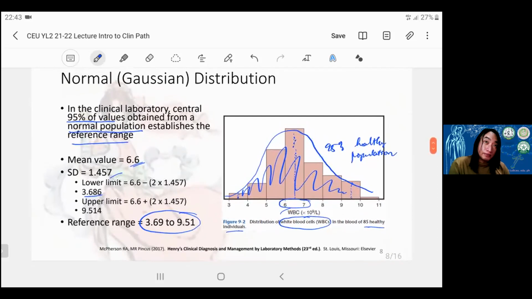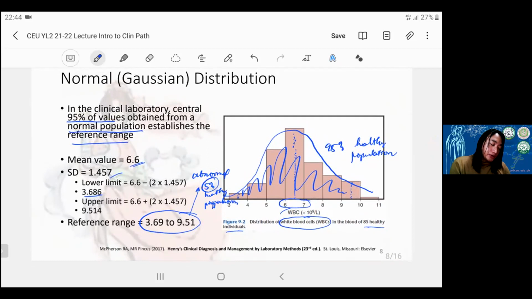And anything that goes beyond this reference range would either be abnormal or would belong to the 5% of the healthy population that is outside the reference range. So the probability that these individuals are healthy would be as small as 5%.